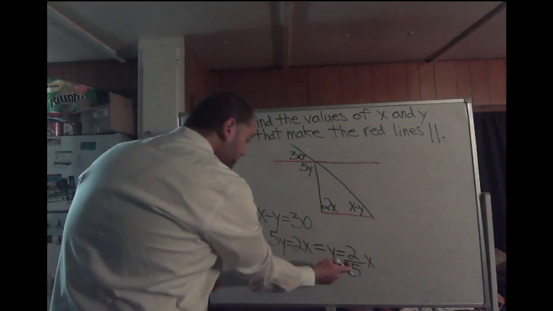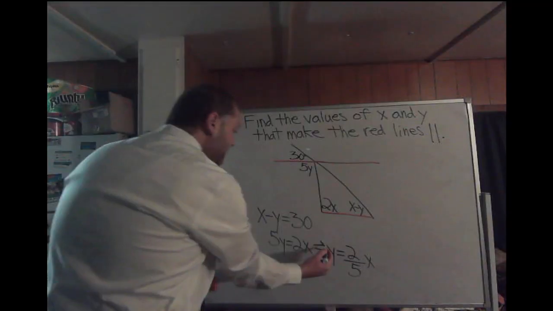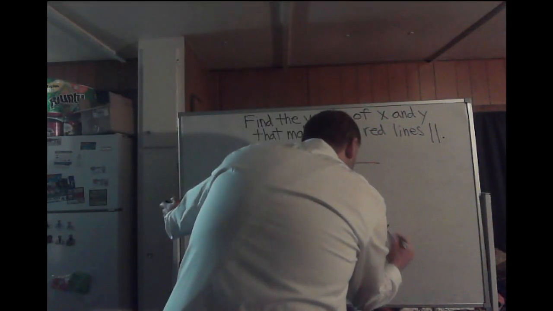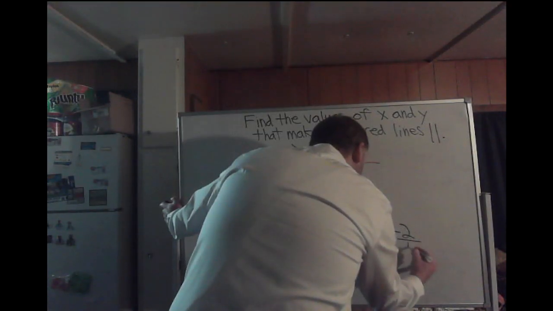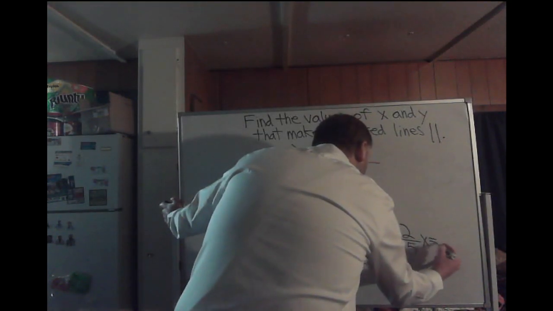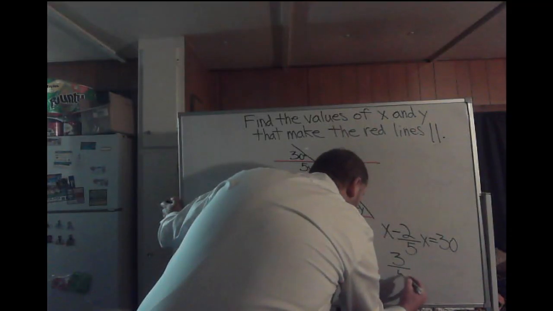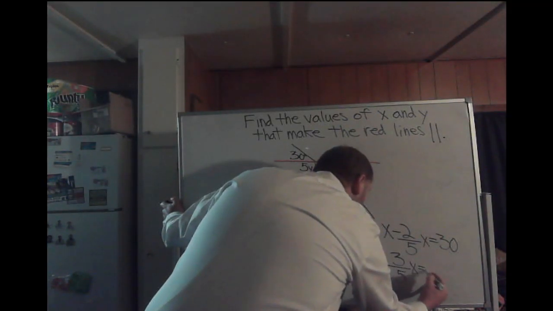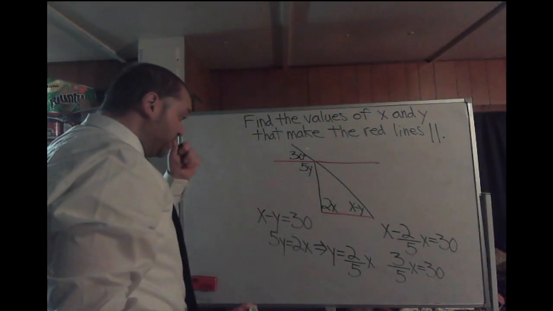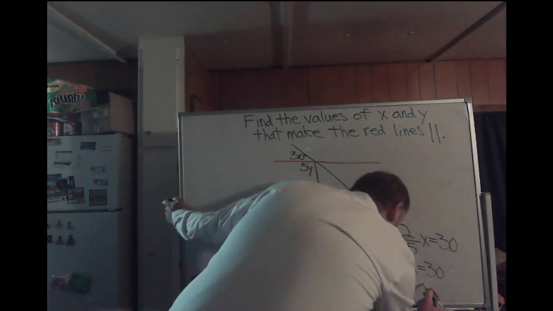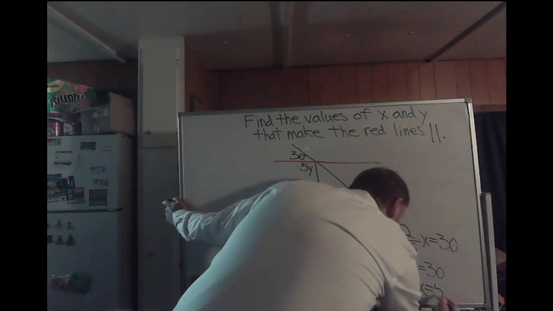So let's go ahead here. Let's put in the 2/5 x here. So x minus 2/5 x equals 30, which would have to mean that 3/5 x equals 30, which would then have to mean that x equals 50.